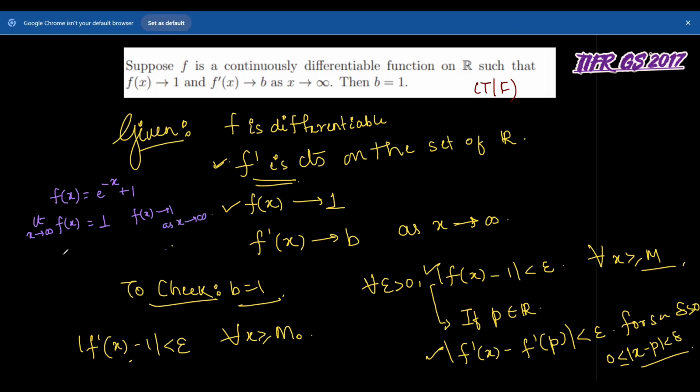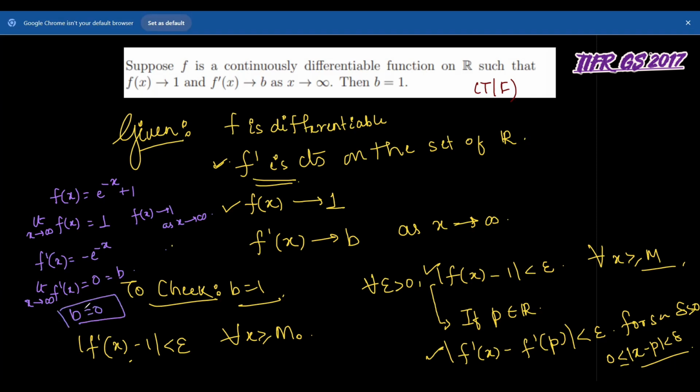Now, the derivative of the function f is minus e power minus x. If I take the limit as x tends to infinity of f dash of x, this is equal to 0, which is the value of b. So here we are getting the value of b equal to 0.